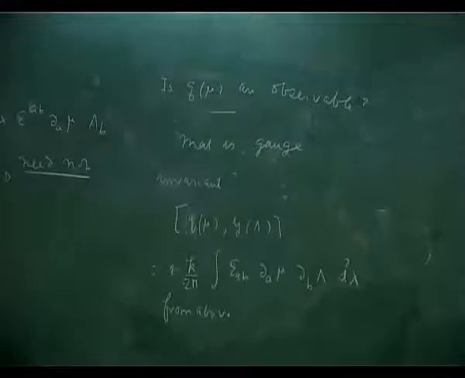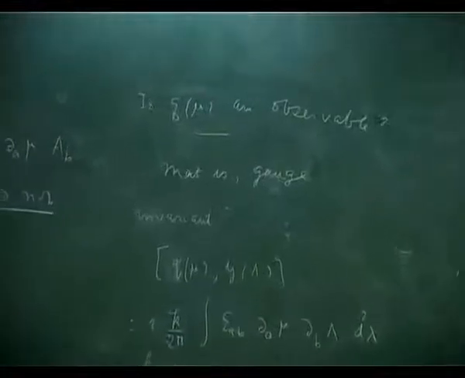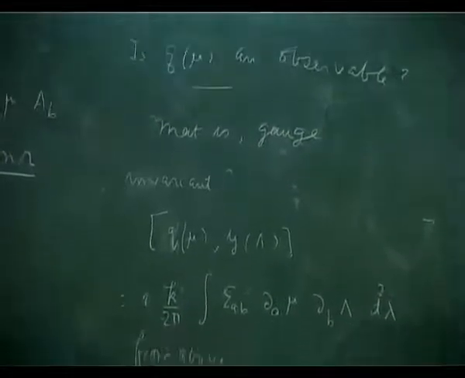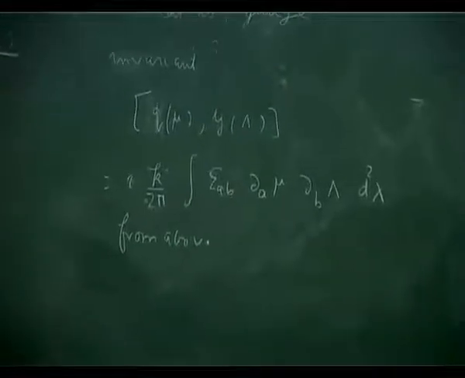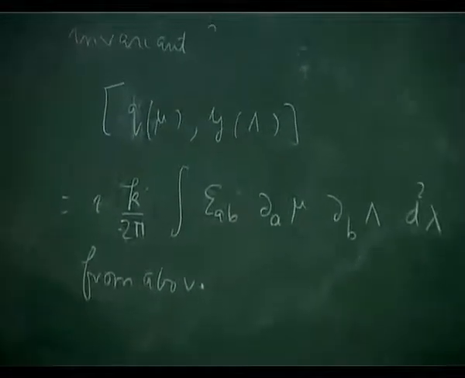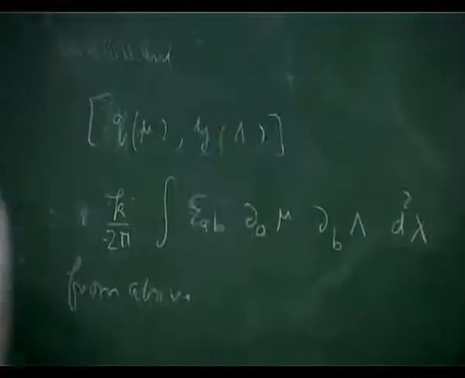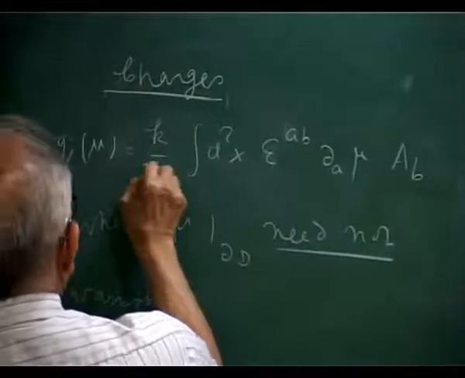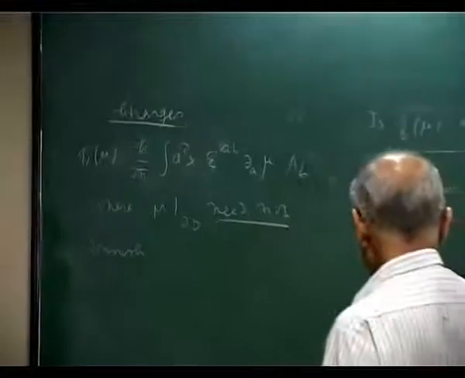I will tell you why you are right. I know the reason: in the constraint, the definition, there is a k over 2 pi, and G has another k over 2 pi that cancels this.